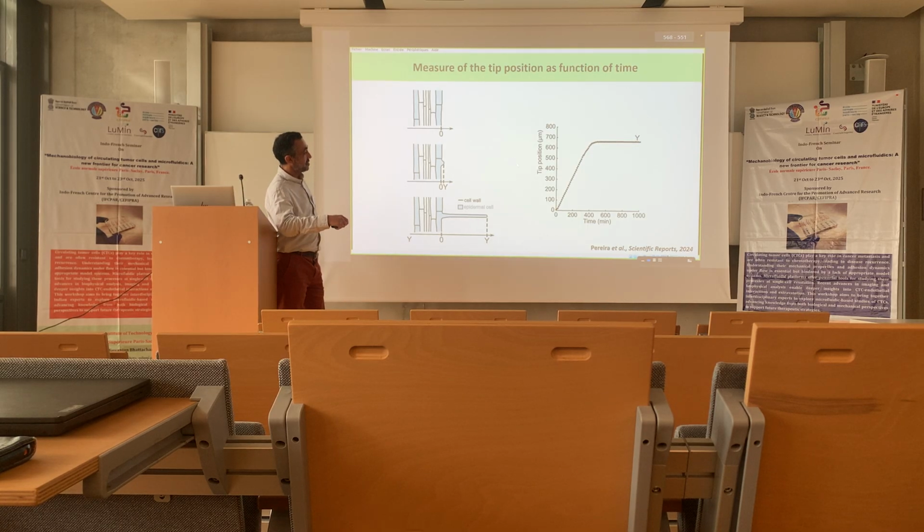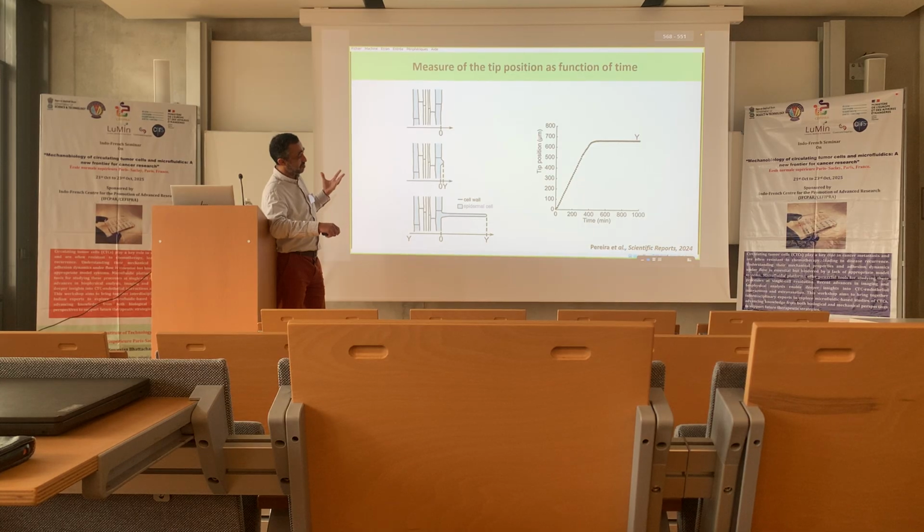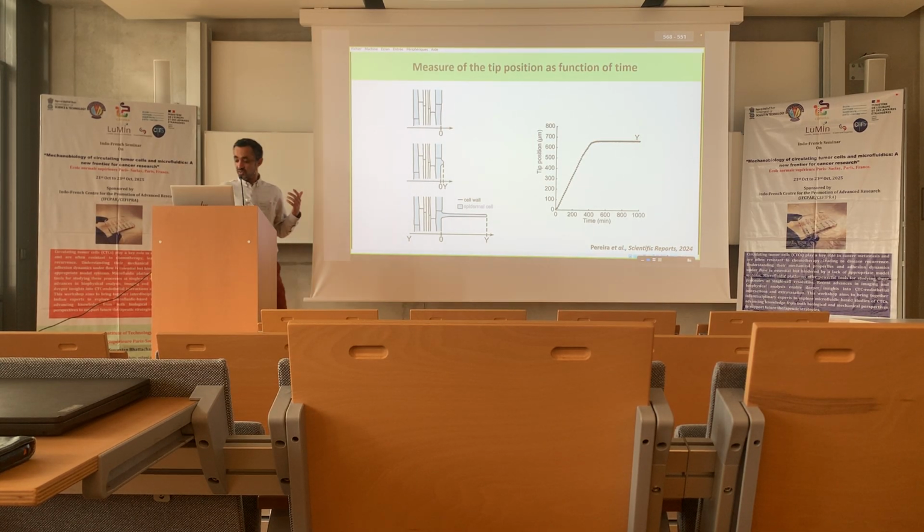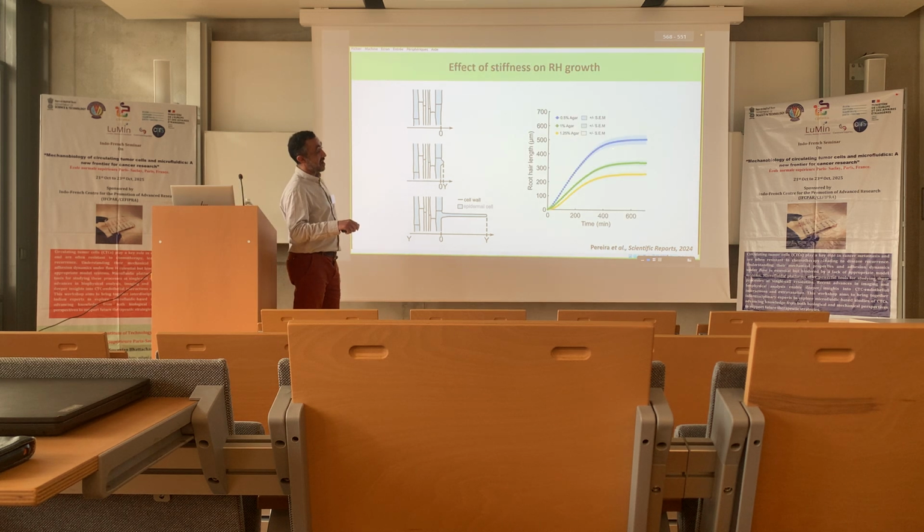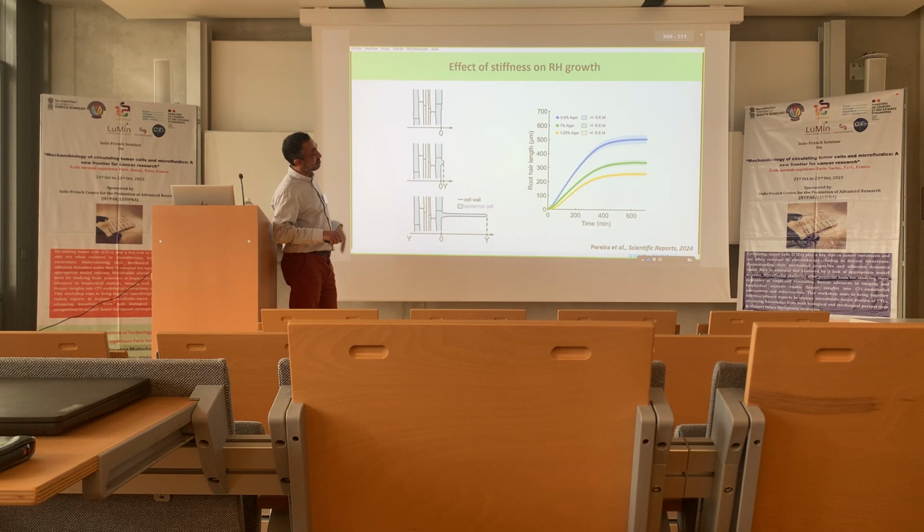Here we are following the length of the root hair in time, and we do this for three different agar concentrations, so different stiffnesses. What you can see easily is that the stiffer it is, the shorter the root hair.